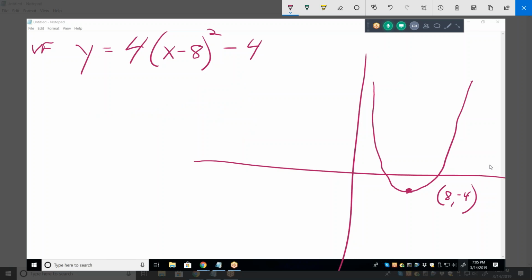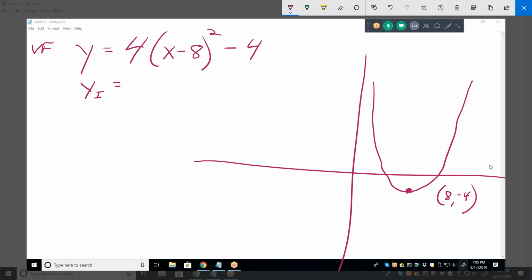Solve for the y-intercept. What's x equal to? 0. Okay, so solve for the y-intercept. It would be 60? 64, 8 squared, negative 8 squared is 64.